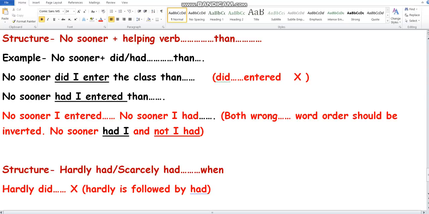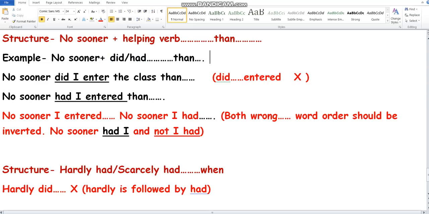With hardly, and than with when. I repeat, the question may ask you to begin a sentence with no sooner or with hardly. And these are the few things that you have to be careful about: when, than, and had, did.